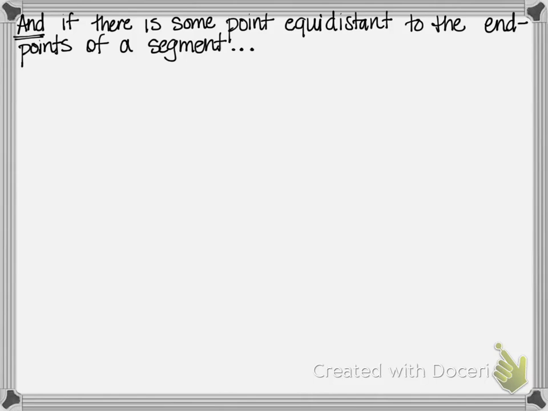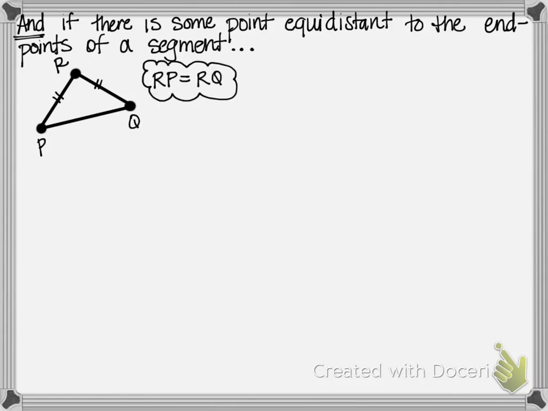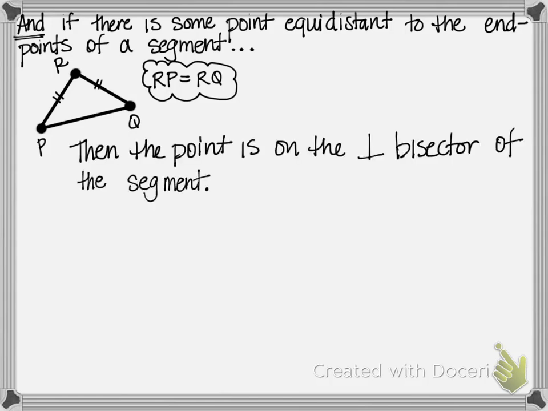Additionally, if there is some point equidistant to the endpoints of a segment, and what I'm saying there is I have some random segment, PQ in this case, and a point R such that R is equidistant to both P and Q, so P to R is equal to Q to R, then we know that that point, in this case the point R, is on the perpendicular bisector of the segment.